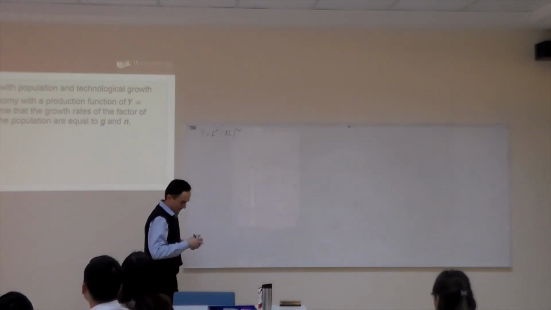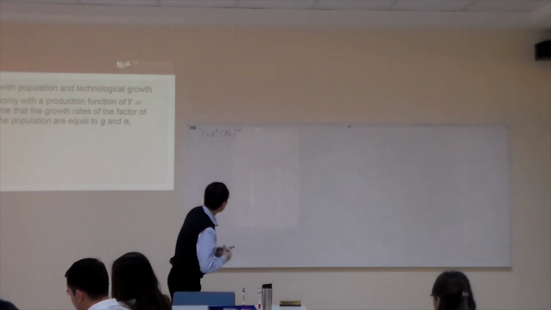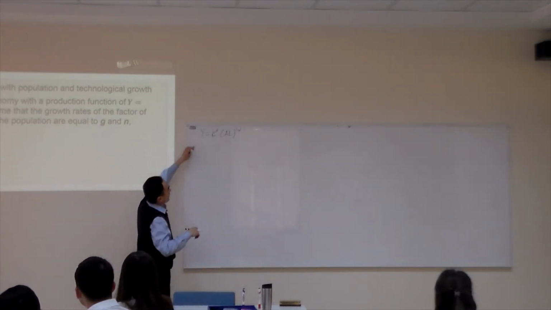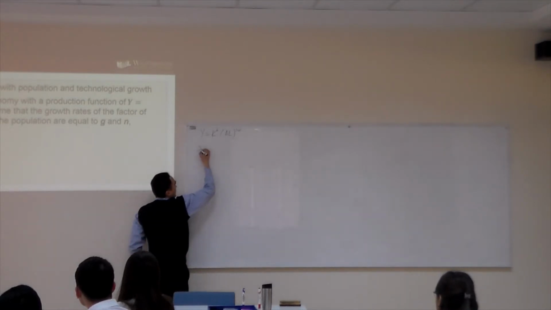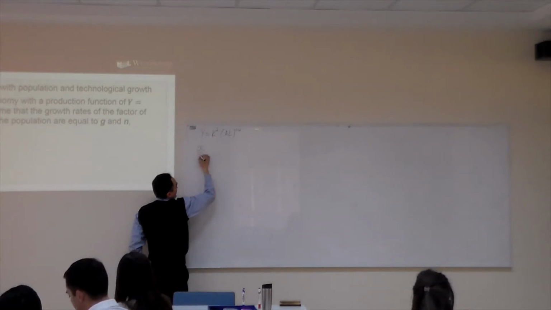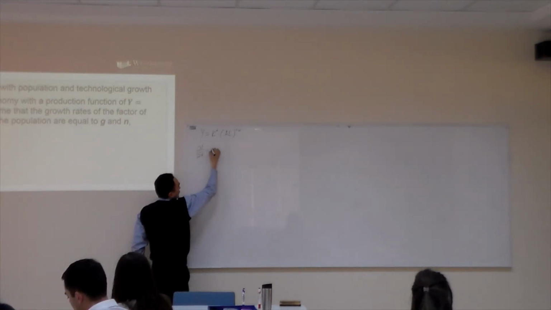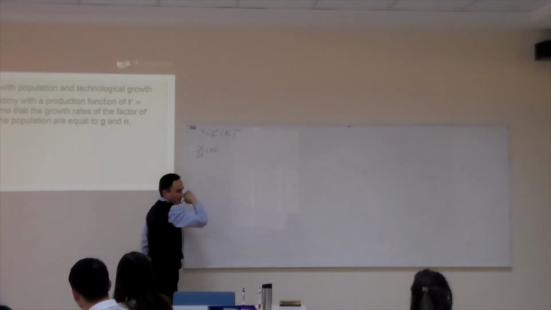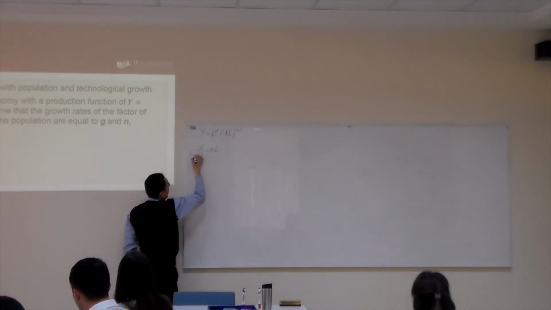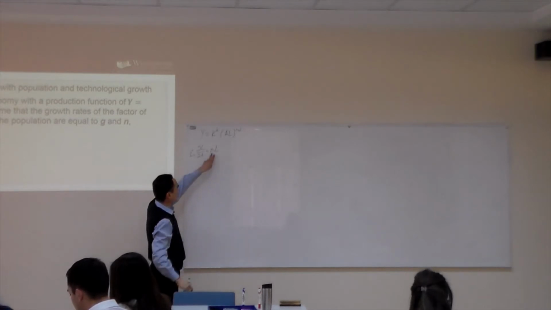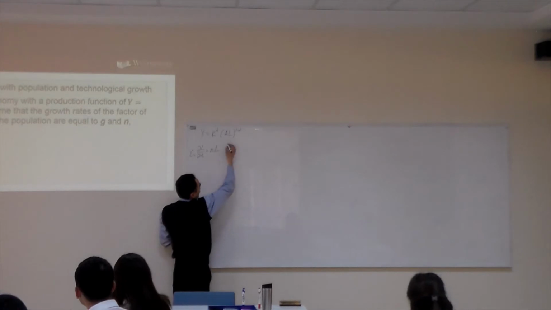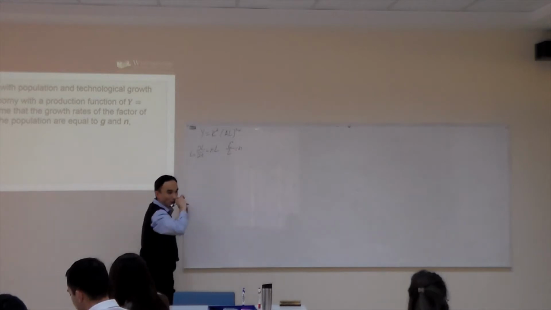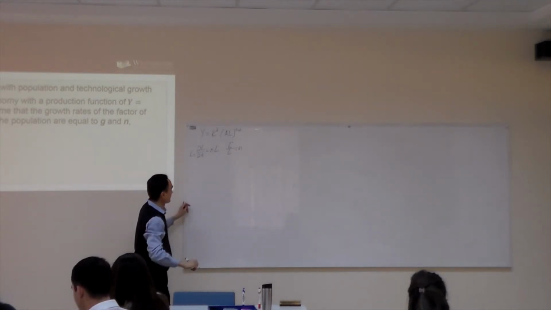So now, we are saying that labor is growing, which means change in labor with respect to time is equal to the growth rate of labor times labor itself, right? Or in other words, in order to find the growth rate of labor itself, we have to divide change in labor by labor, which is going to give us this growth rate of labor, okay?